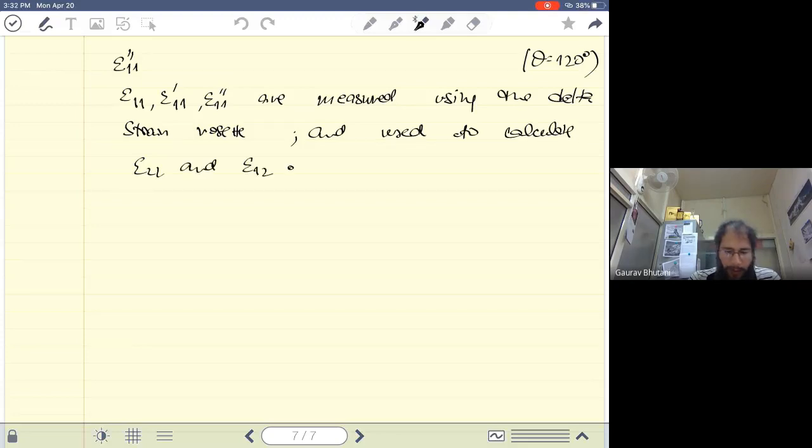You measure epsilon 1 1, epsilon 1 1 prime, and epsilon 1 1 double prime, and you can finally calculate epsilon 2 2 and epsilon 1 2 using these. And you already have epsilon 1 1, so you get the complete information about the plane strain at that point P where you pasted the delta rosette.